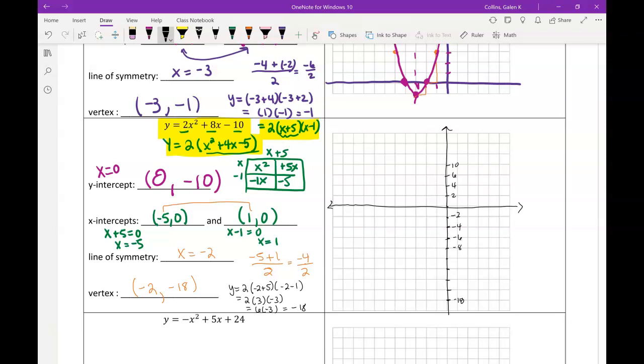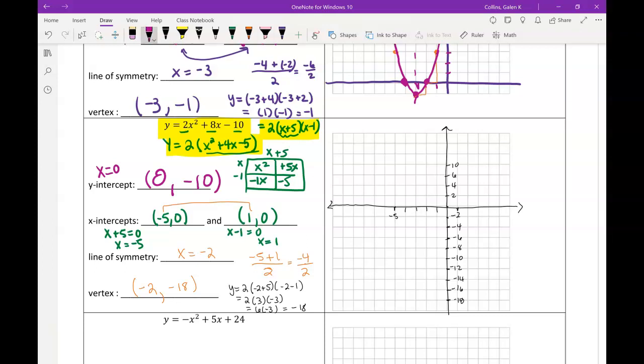Okay, so probably don't have to label all of them, but let me just make sure I didn't make a mistake. -14, -16. Okay, that works out. All right, so if we plot our intercepts on the x-axis, I'm just going to count by ones. So 1, 2, 3, 4, 5. That's a -5 and a +1 right here.